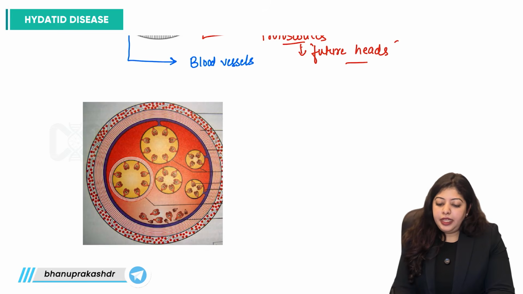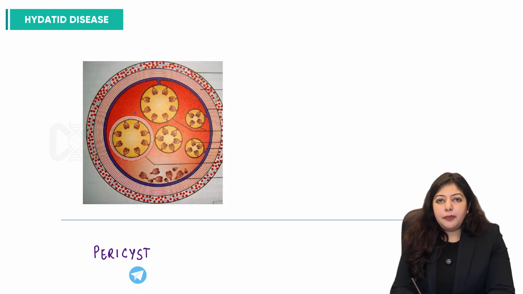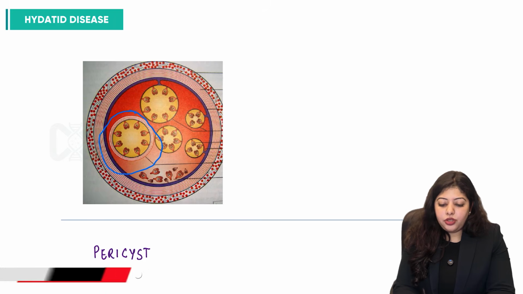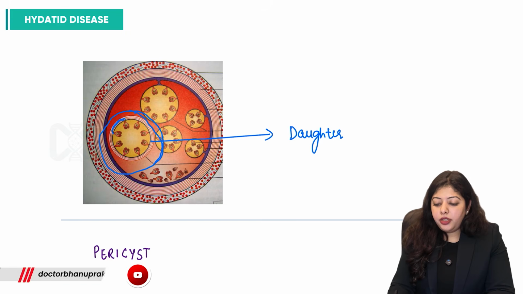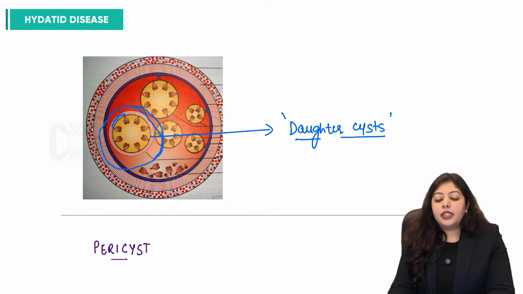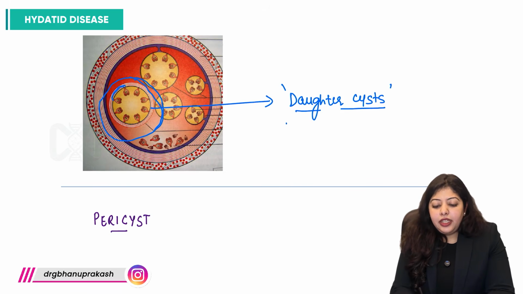So now let us see another important image. It is similar to the previous image, but can you see this enclosed, encysted structure? It also has two layers in it. So these are nothing but daughter cysts. And what are these daughter cysts? These are structures which develop when the brood capsule ruptures, and these cysts get enclosed by two layers.